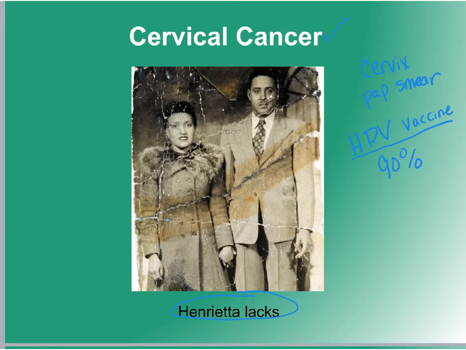All of this without Henrietta's knowledge. She succumbed to her illness a few years after her diagnosis, but permission to one, harvest her cells, and two, grow them in a lab, and three, distribute them all over the world so scientists could do research on those cells was all done without her permission, without her knowledge.